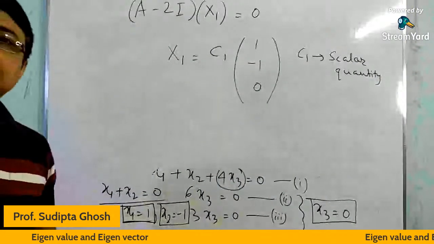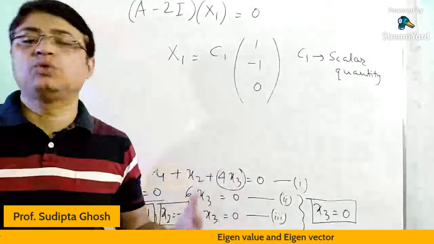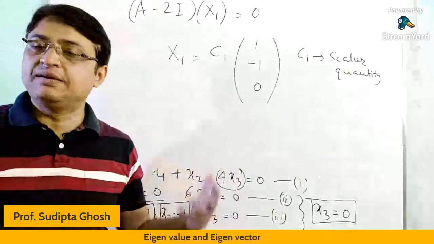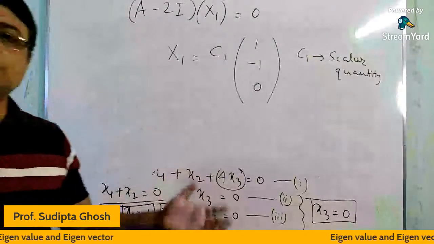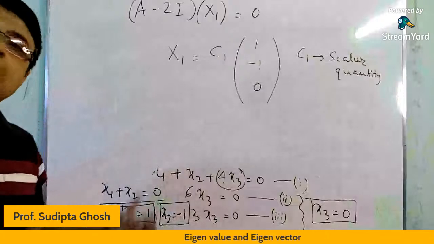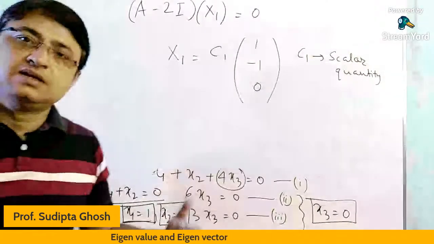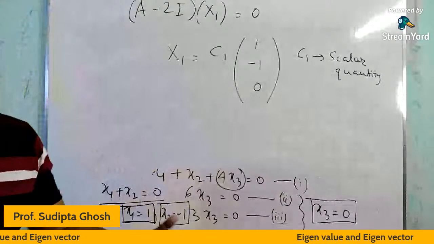So this is the process of how you can find the eigenvectors. And since we have three values of lambda, we have to proceed in this manner to find out the three different eigenvectors.